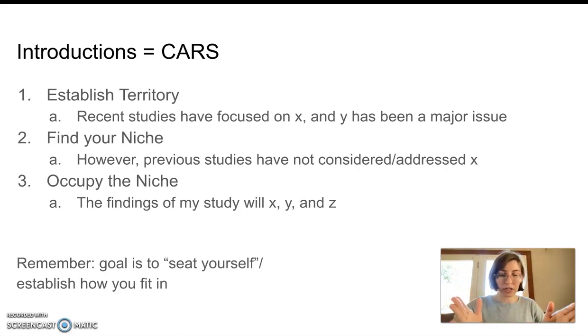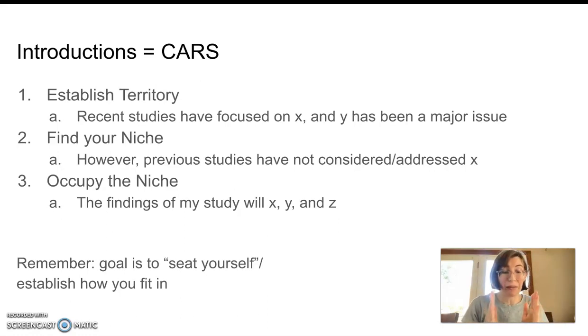So establish the territory. Then you're going to narrow down and find your niche. This is where you start facilitating where you're going to fit in. So what's missing? What are those studies not talking about? Or what hasn't been researched yet? Or what's lacking? So territory, hey, we're talking about this. Niche is previous studies haven't considered a certain variable, certain aspect, implication, impact factor, something like that.